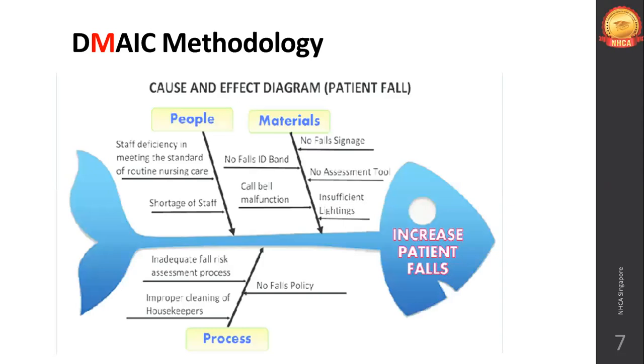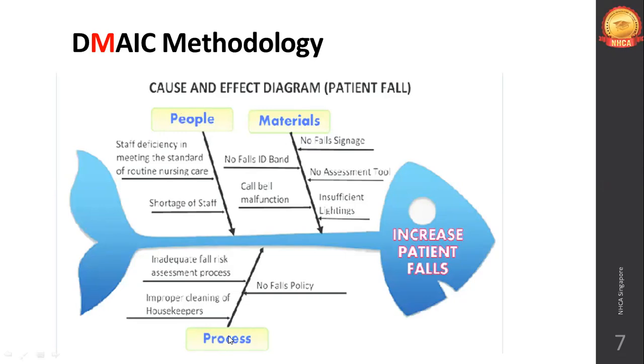So, a cause and effect diagram, just an example like an increase in patient falls. That's the issue that you're facing right now in the hospital. Now you have done the cause and effect for it. How people, how the staff, people means staff, how your staff are responsible towards these patient falls. How the materials that you use in the hospital are responsible towards patient falls.